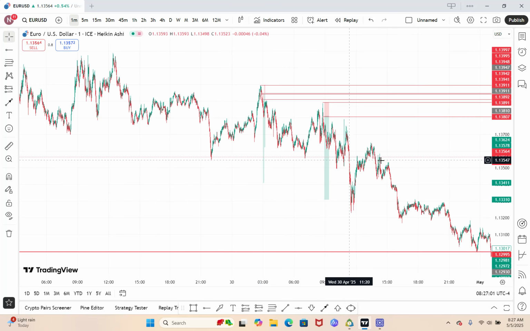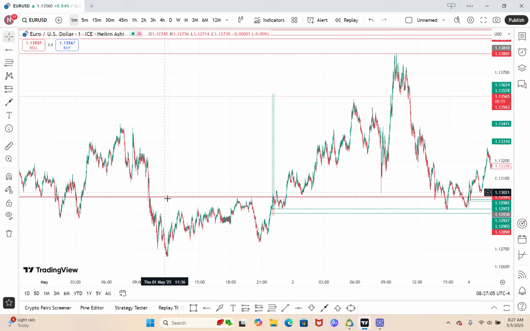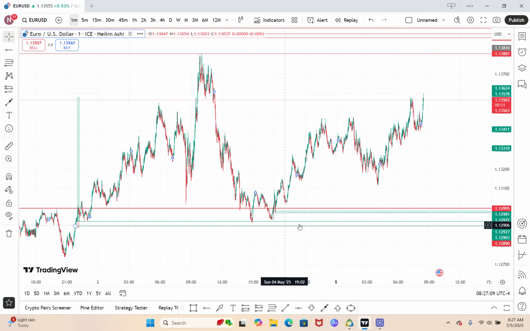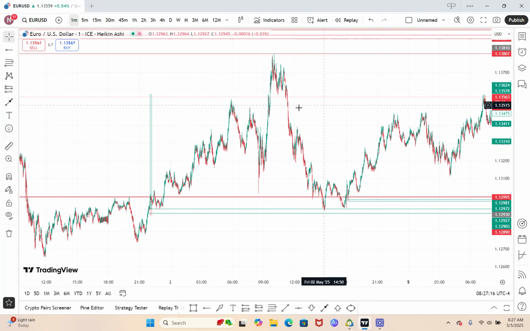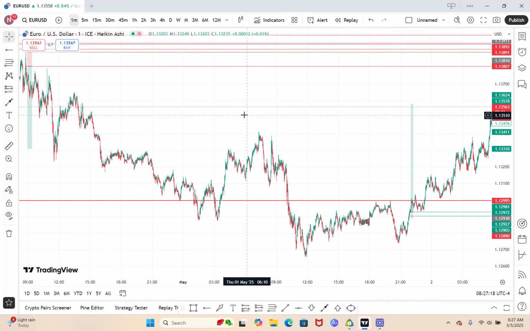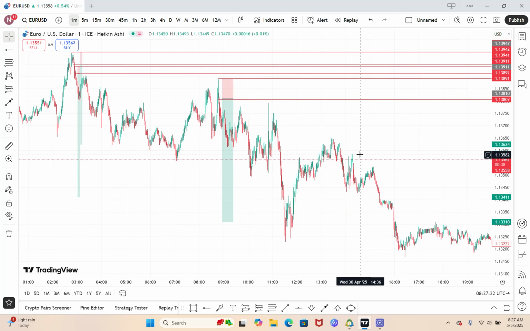So we're actually trading with the banks, right? All these big moves in the market are created by banks and the hedge funds, right? Retail traders can't move the market this big. So we're actually trading with the banks and the hedge funds. Okay, so let me see.